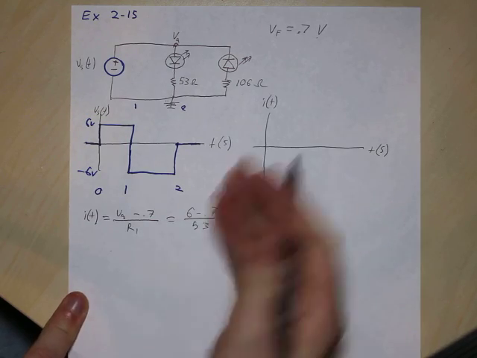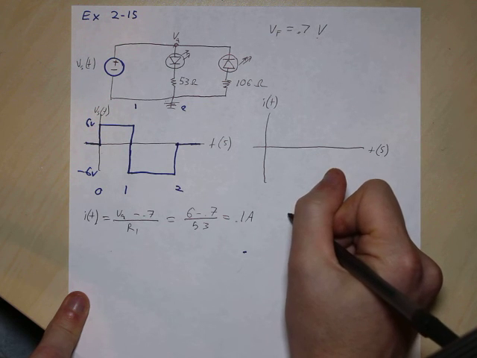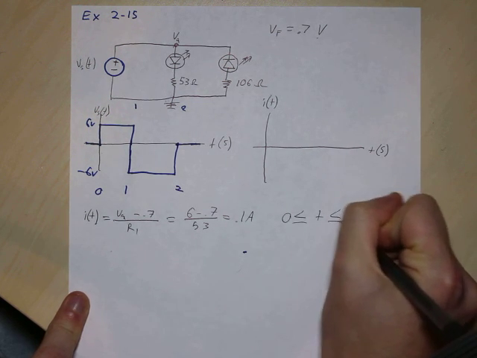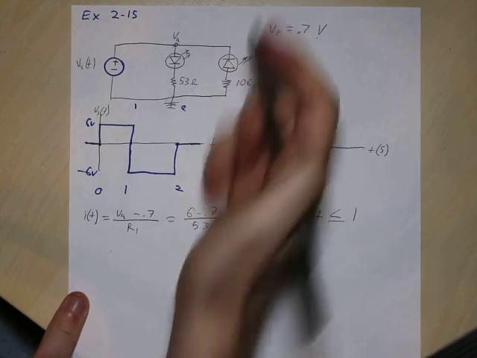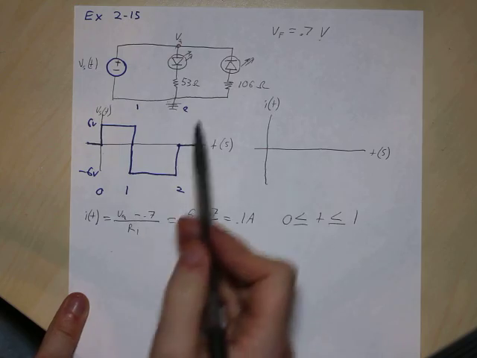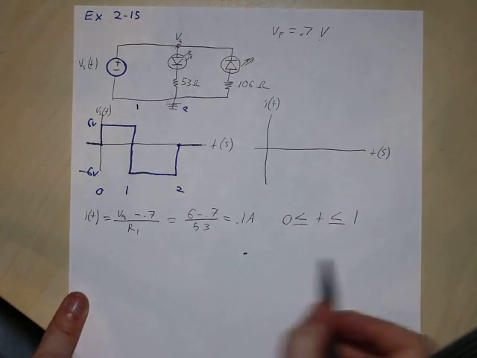And this, remember, is only for time 0 less than or equal to t less than or equal to 1. Because once we get to 1, it switches, and then we get rid of this part of the circuit. So we've solved for just this half of the circuit right now. That's where we leave it.